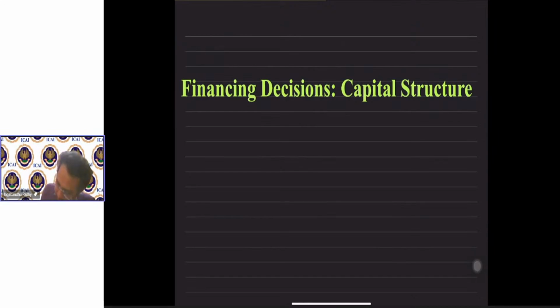So we have a total amount of 10 lakh to be raised, right? Now, in order to get these funds from the market, I have multiple options. So we have plan 1, we have plan 2, and plan 3. We have multiple options.